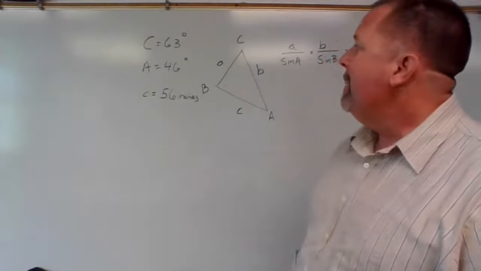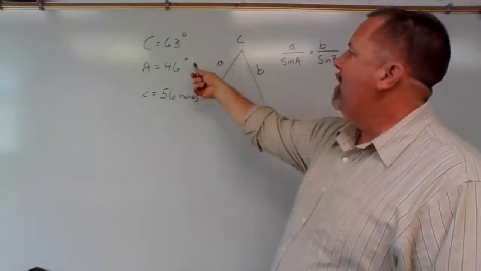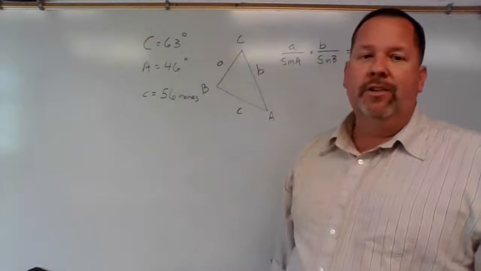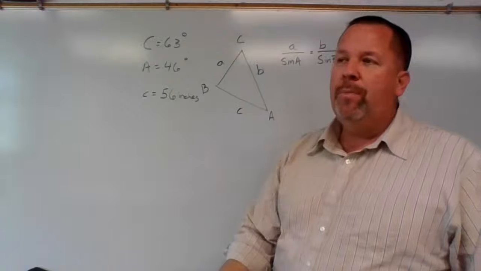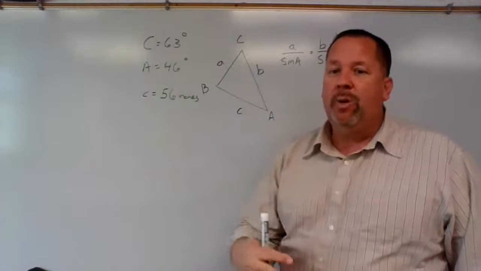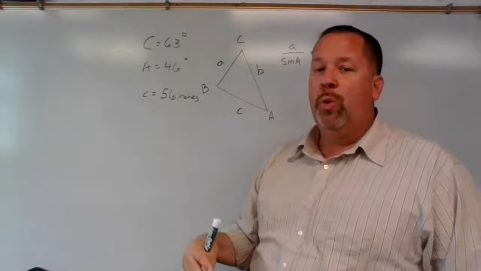First of all, I want you to realize, I think you probably already do, that when they say we gave you two angles of the triangle, really we have three. When they only give us two, one of the things that you need to remember from your geometry days is that all of the angles of a triangle add up to 180.